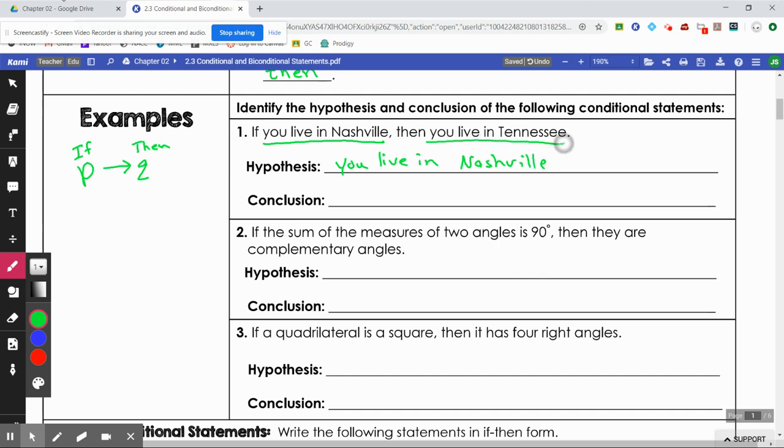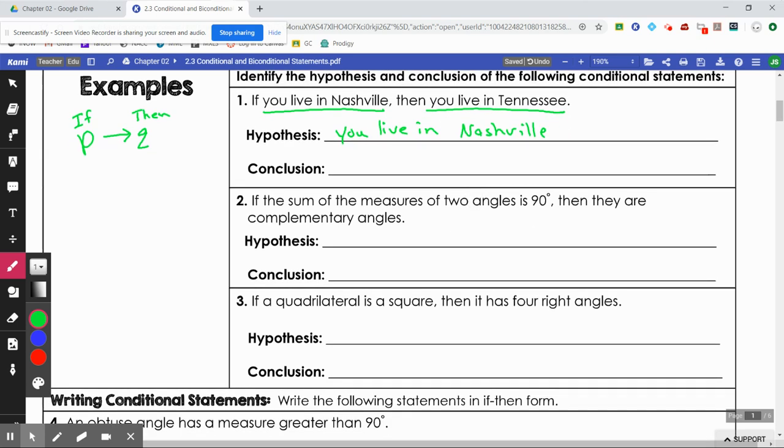Then you live in Tennessee. So the conclusion would be you live in Tennessee. I'm just going to put T in. And so one implied the other one. This was the if part, and that led to the point that if the if part was true, then the then part would be true as well.